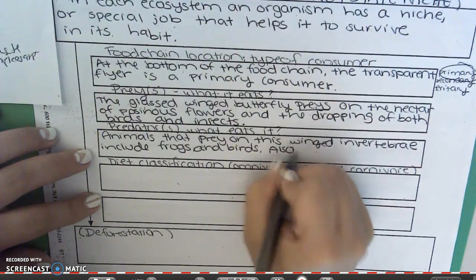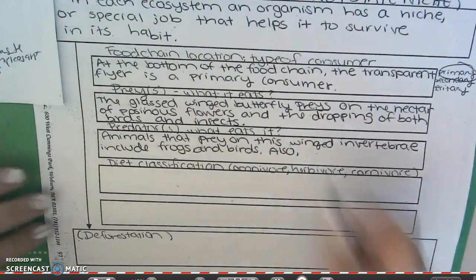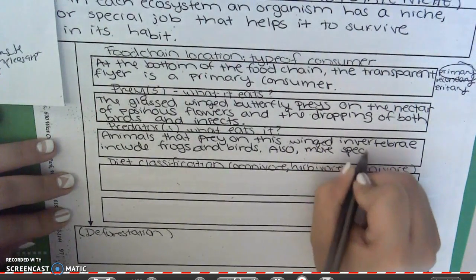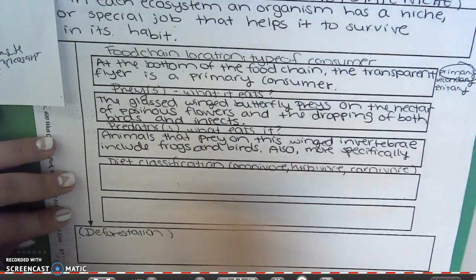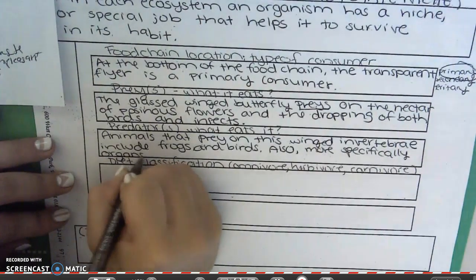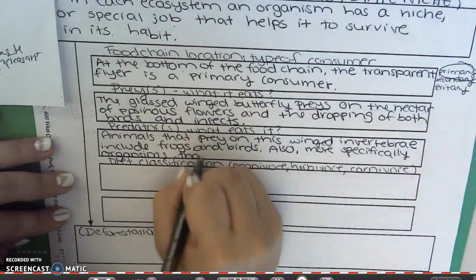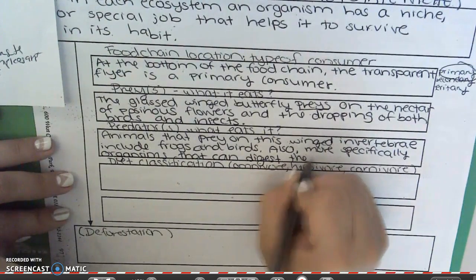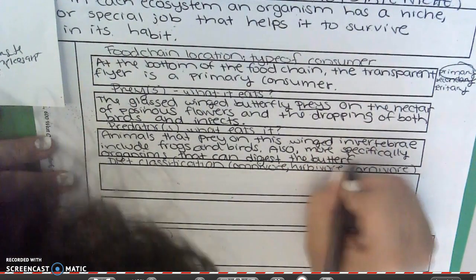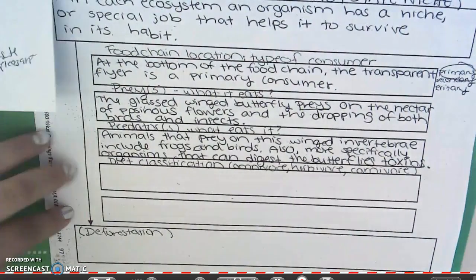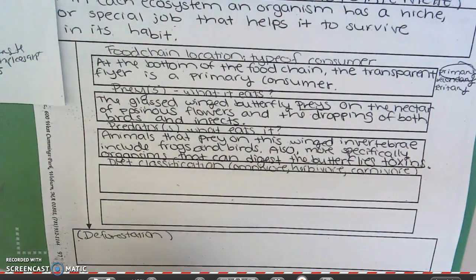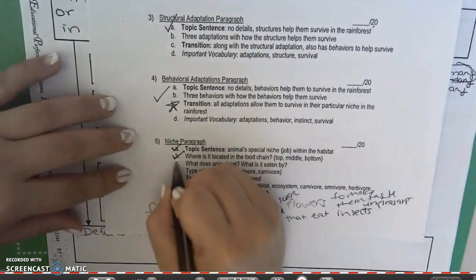Also, comma, more specifically, organisms that can digest the butterfly's toxins, which means it's poisons. Okay, so that's a word referent for poisons. Okay, so I said what eats the animal, what is it eaten by?